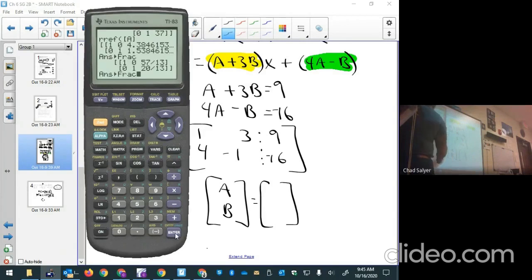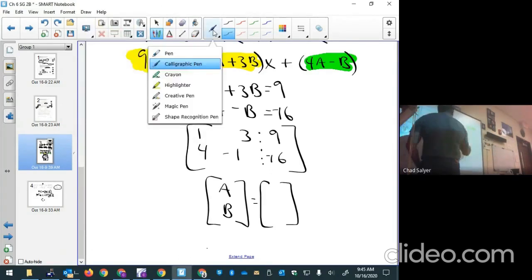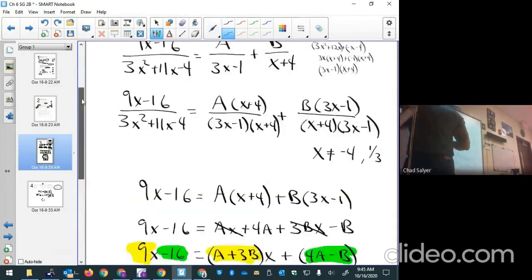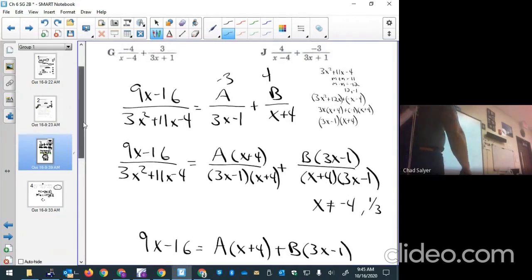Now let's try it. So negative 3 and positive 4. That makes a lot more sense. So we want negative 3 over 3x minus 1.